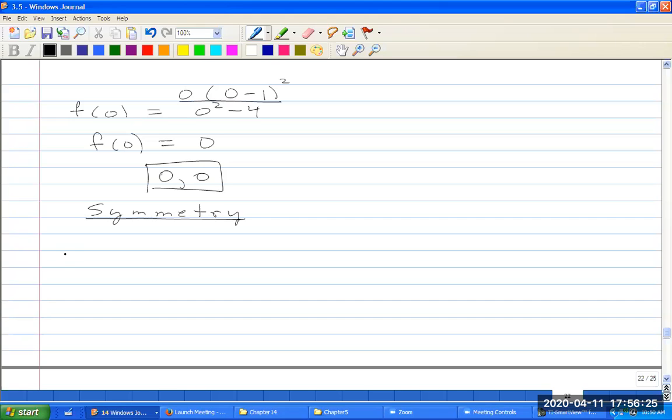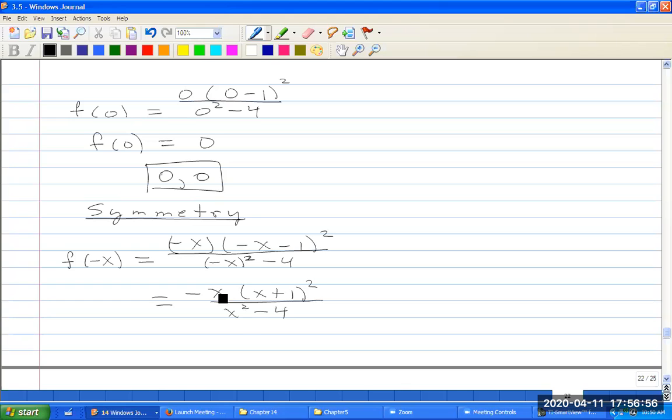So f of -x equals -x minus 1 squared over -x squared minus 4. So this is equal to minus x plus 1 squared over x squared minus 4.